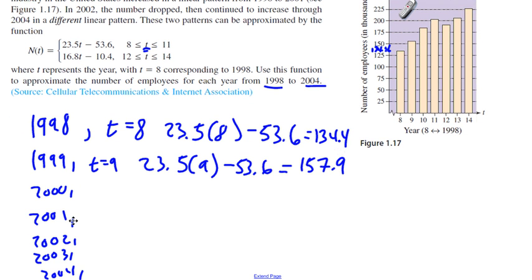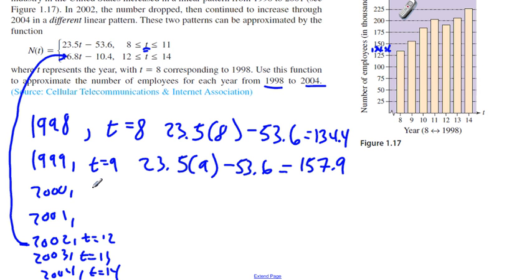See, when you get to here, you start to plug it in now to this one, because now our t is between 12 and 14, because this right here is our t is 12, our t is 13, and our t is 14. So just make that note that you need to plug it into the correct formula equation in order to get the right values here.